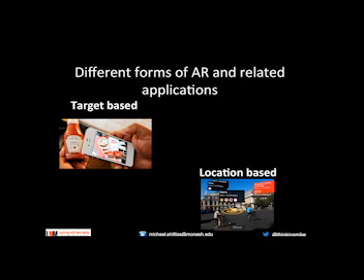What we do have, though, are some other forms of augmented reality that you can use in real time at the moment. And there are two kinds of augmented reality applications that I want to introduce you to. One of those is location-based augmented reality, and the second one is target-based augmented reality.